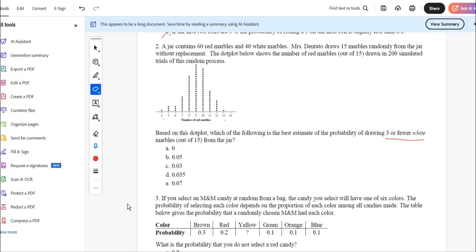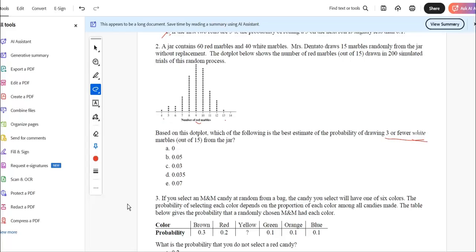So 3 or fewer, well, I mean, 3 or fewer marbles out of 15 from the jar. Fewer white ones, so white. This one shows the number of red marbles. I had to read that. That's red.